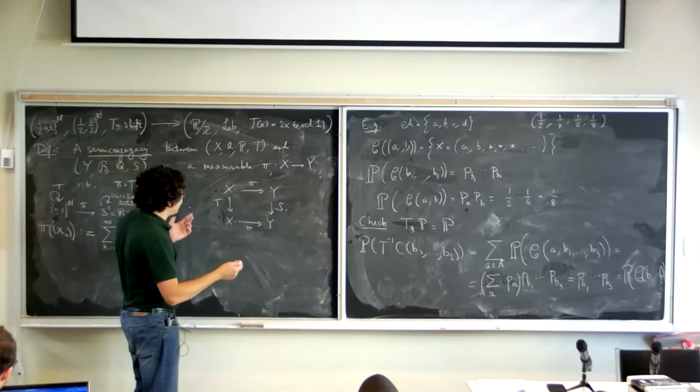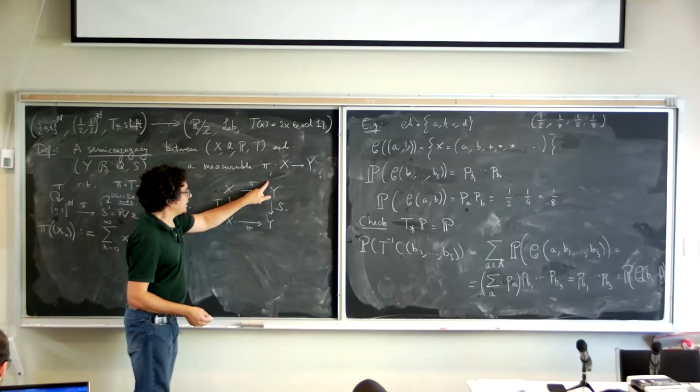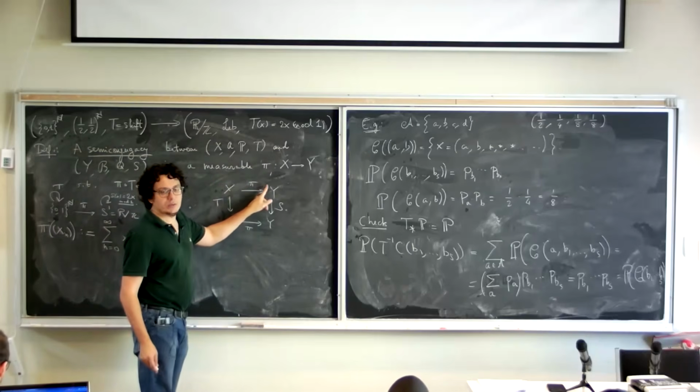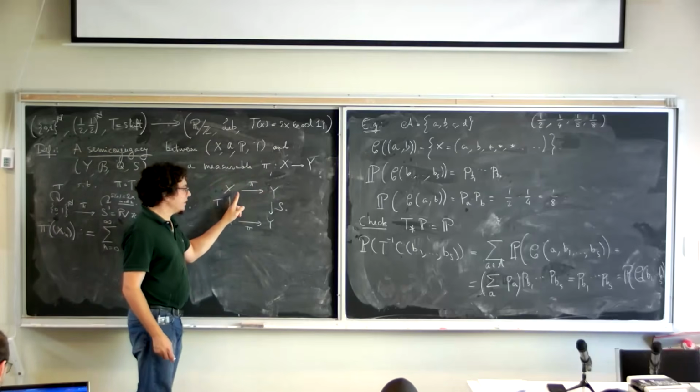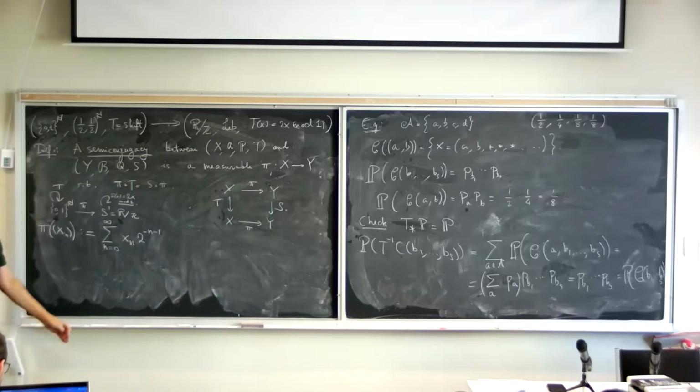You have a semi-conjugacy one way and the other, and the composition is the identity, for instance. Whether these two systems are isomorphic, I think it depends. So is this map a bijection?